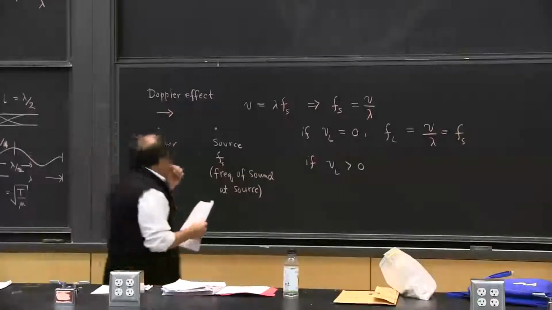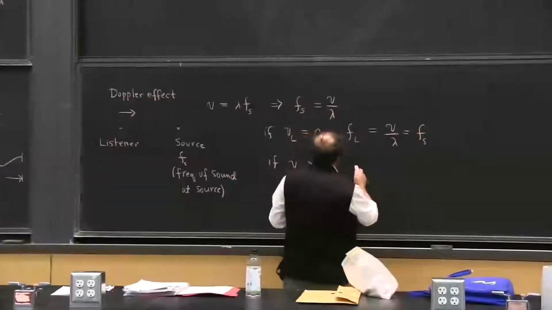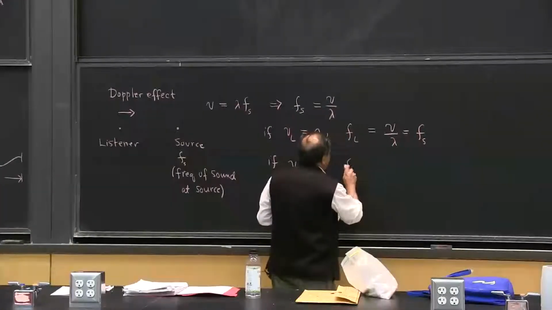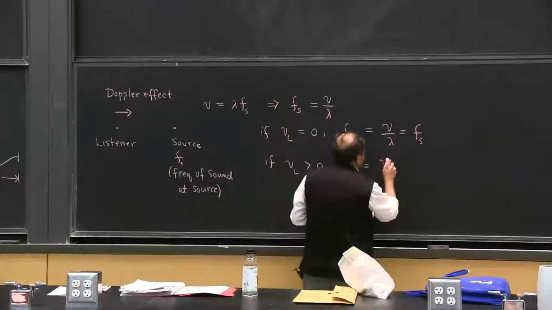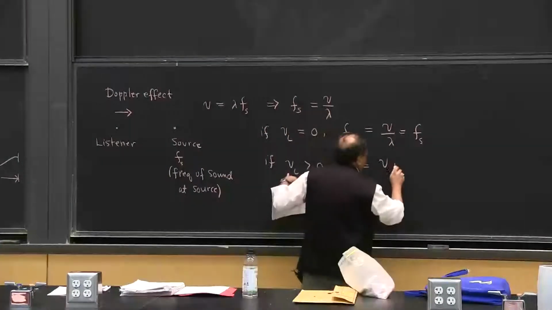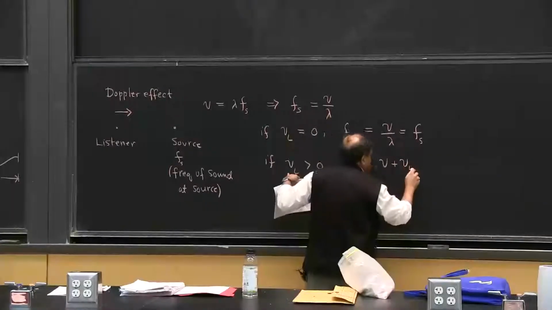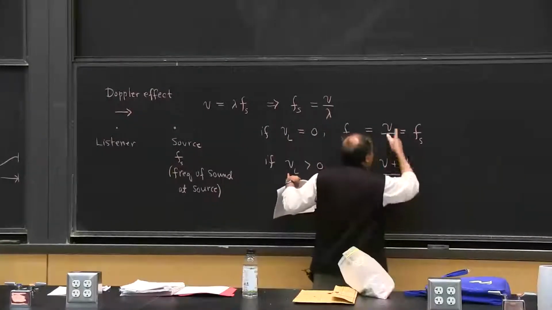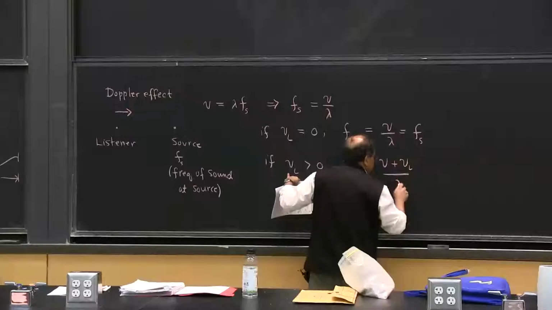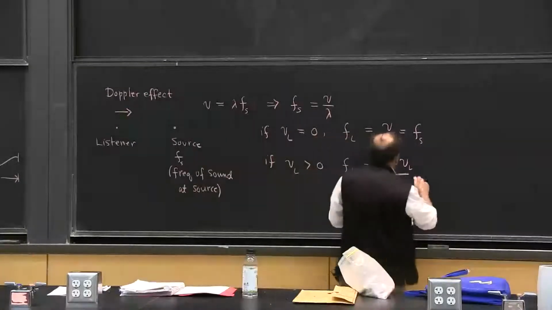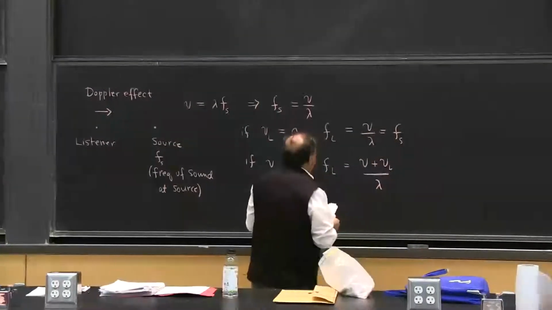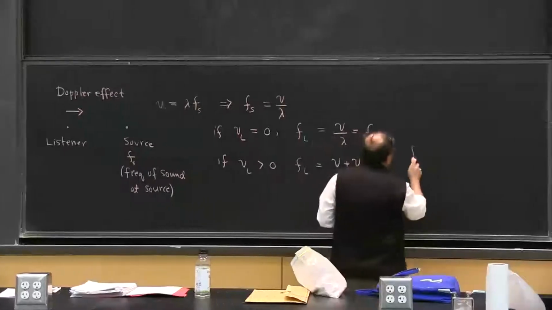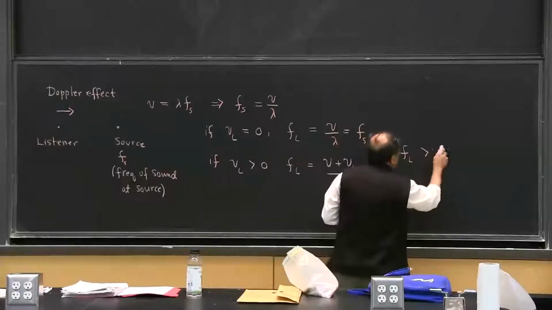So now the frequency that the listener will pick up would not only be from the velocity that was already there, but also from the listener's velocity, because both the velocities are conspiring together to give you the frequency that you hear, and this would now be the new frequency. And you see, this new frequency FL would be greater than Fs.